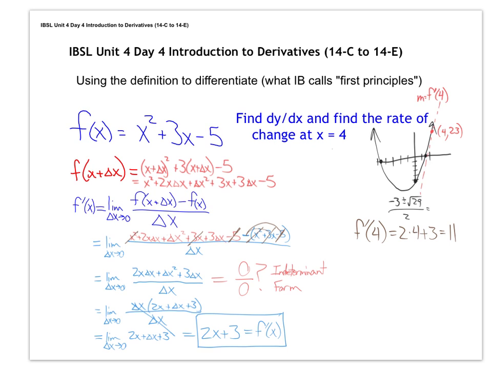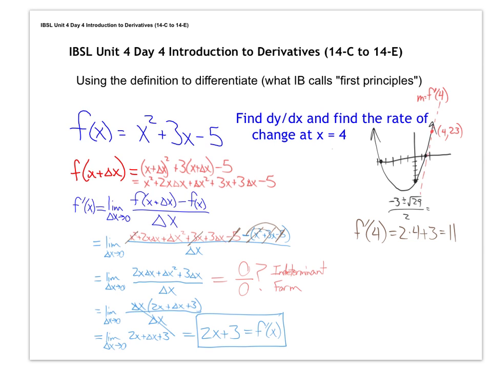Now, there's a couple of reasons why we might want to do this. For one, if we were talking about some sort of motion, or a real life kind of scenario, we could relate it to the situation pretty easily here. Another case, though, is finding a normal line or finding the equation of the tangent line.